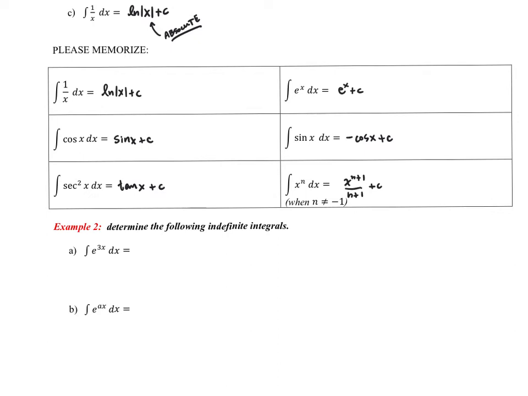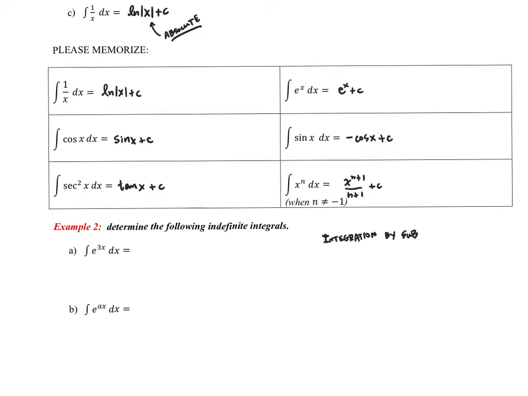All right, so take a look at example 2. We're going to find and determine the following indefinite integrals. Now, there's a special rule called, well, not a rule, but a technique called integration by substitution. And we talked about this briefly in the first lesson, but we don't know how to use integration by substitution technically yet.